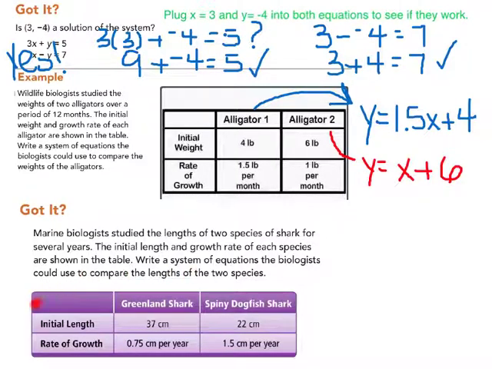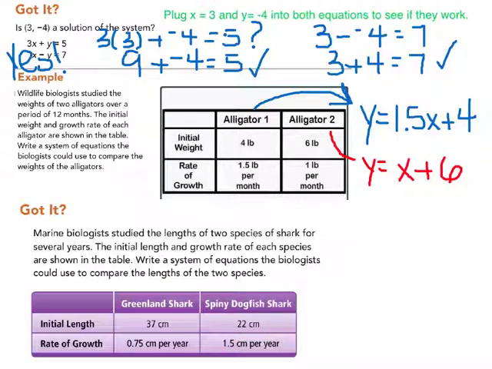And finally down here I can see that the rate is this bottom and the initial amount is the top. So we have an equation for Greenland sharks, and we have a different equation for the spiny dogfish shark.